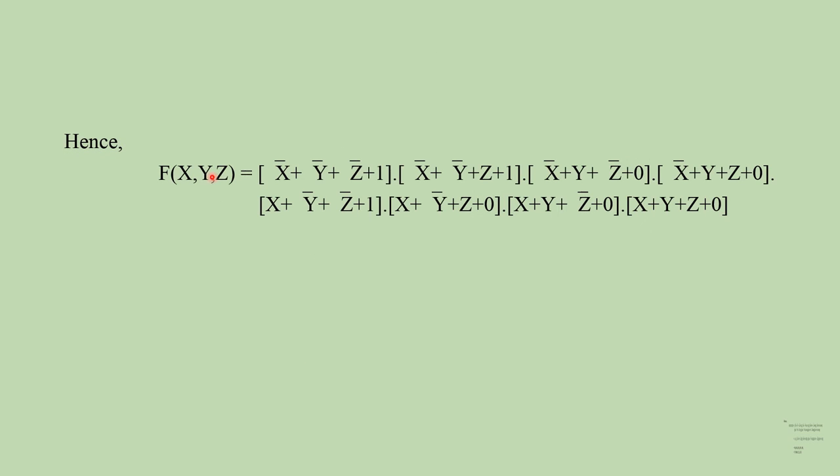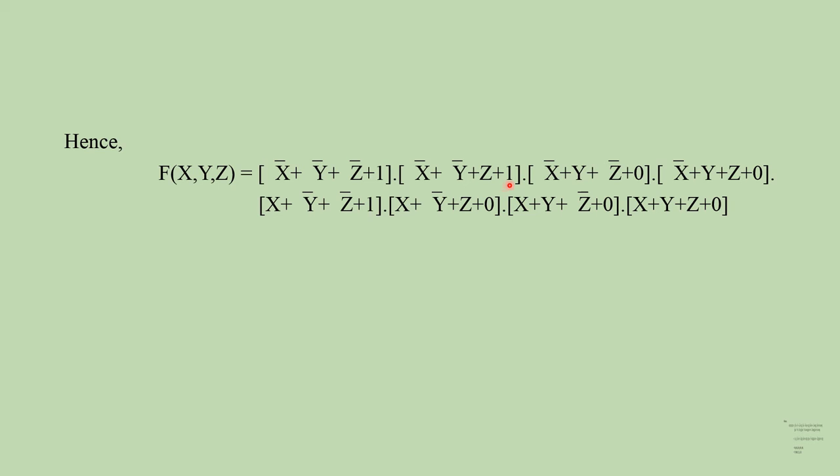Now, hence, f which is a 3 variable function of x, y, z, is equal to x bar plus y bar plus z bar, function of 1 1 1, which has a value 1. So here we write 1 dot x bar plus y bar plus z, the functional value of 1 1 0, we get 1.